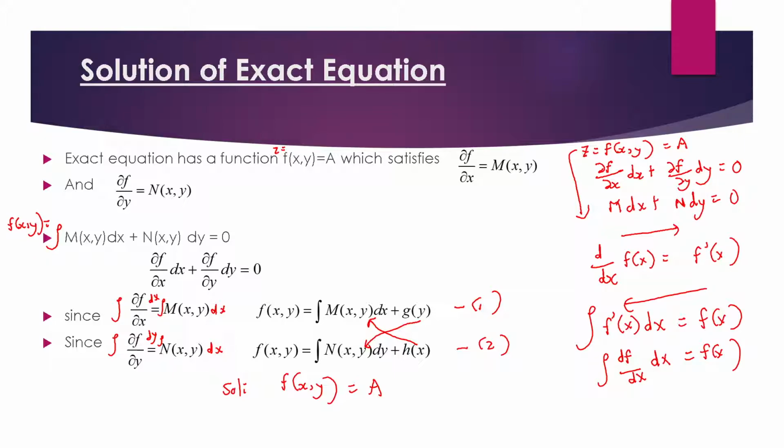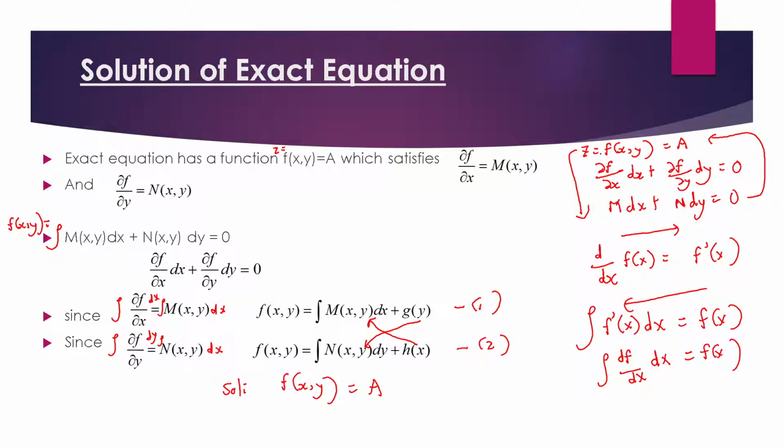So given z equal to f(x,y) equal to a, we obtain M dx plus N dy equal to 0. That's why if given M dx plus N dy equal to 0 and it is an exact differential equation, then the solution is f(x,y) equal to a. How to obtain f(x,y)?